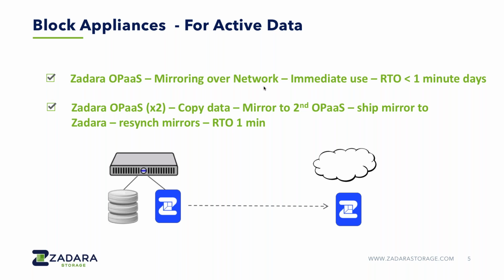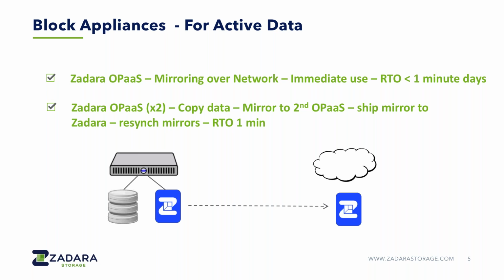That gives you a very minimal time frame that you're down when you're switching from your on-premise servers into your cloud servers. Now, if you have petabytes of data, instead of doing mirroring over the network, we could do an OPS to OPS. We take two systems, deliver them, and you mirror from OPS 1 to OPS 2.